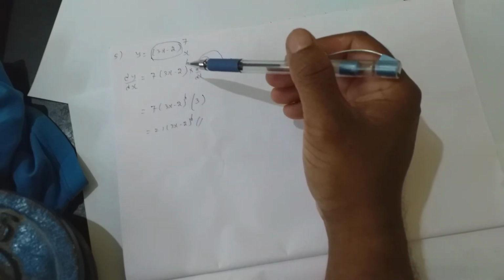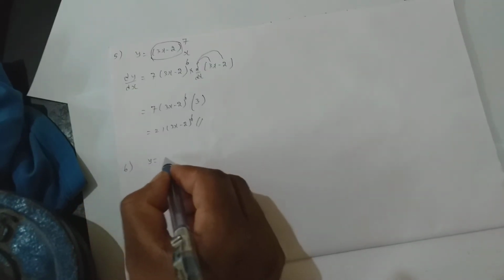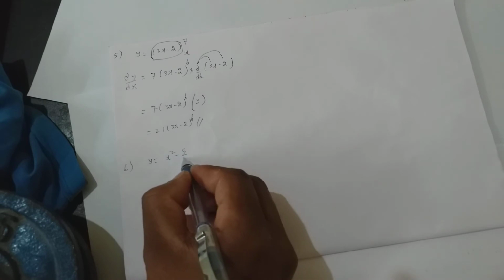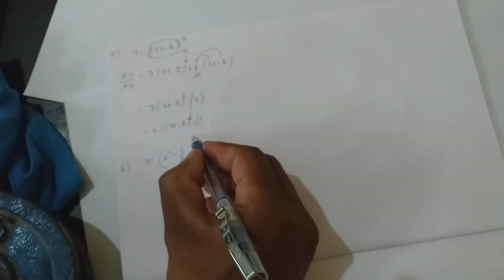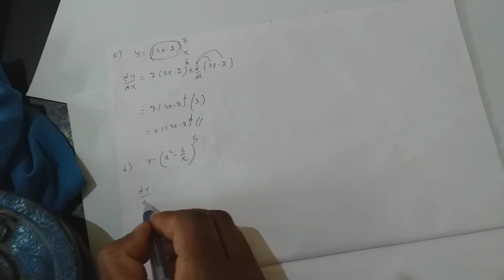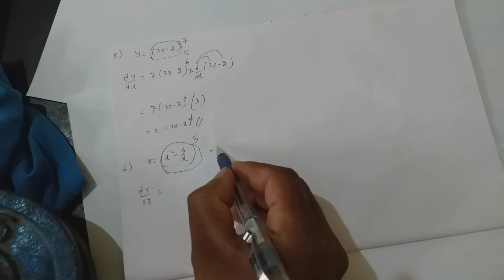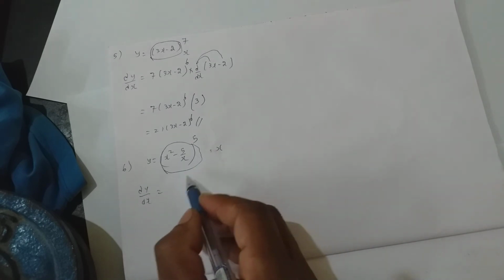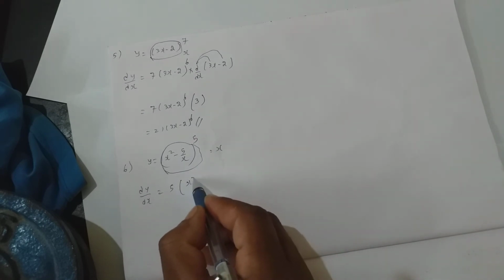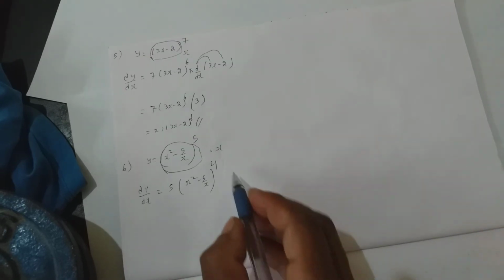Now another example you see. If y equal to (x square minus 5 by x) power 5, then how much will dy by dx equal to? First you will assume this entire thing to be x. So it is x power 5, 5 into x power 4, right?